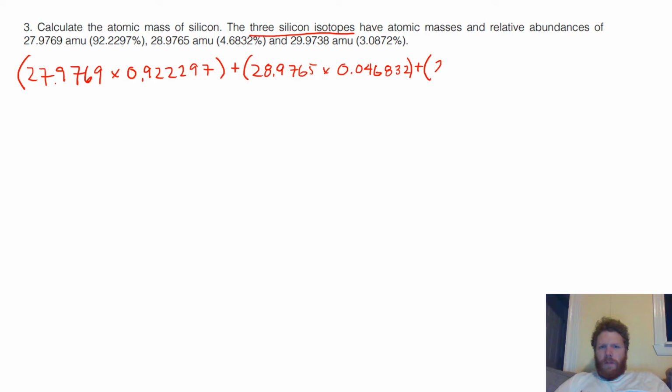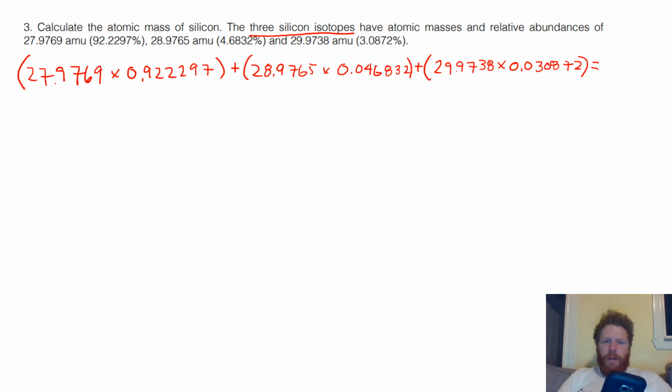Our mass is 29.9738 times 0.030872, equals. Put all that in the calculator.